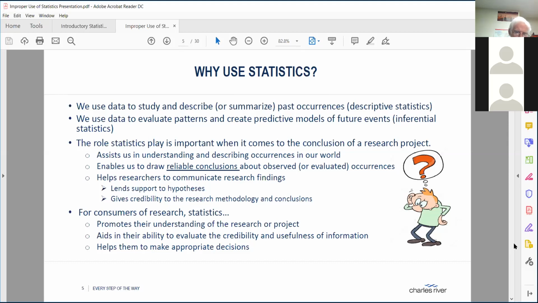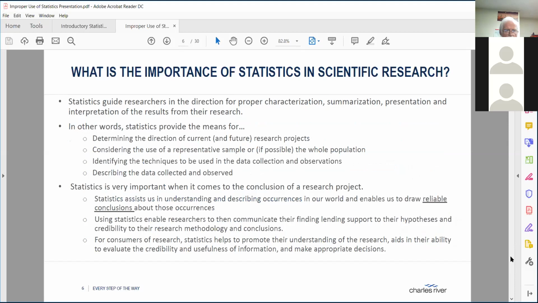To support hypotheses and so forth. But statistics should be a decision-making tool. Is something real? Is it fake? Is it valuable? We have a use for that.